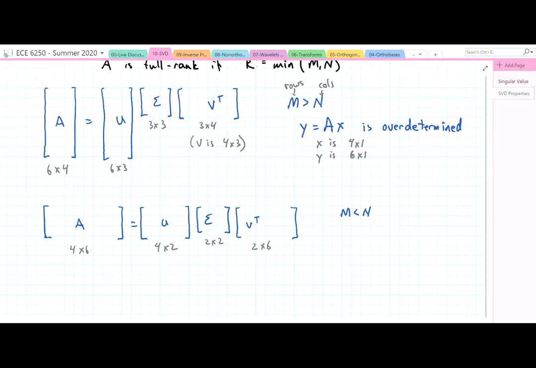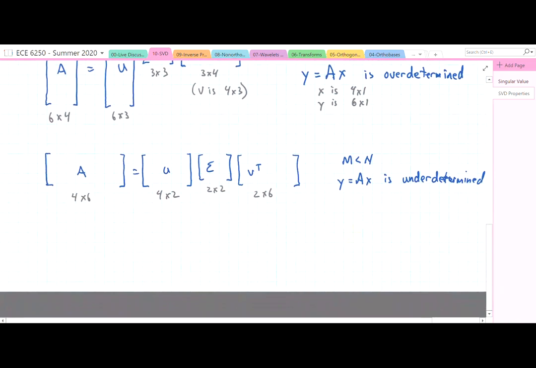So my drawing isn't quite to scale, but that's okay. We just keep going. So in this case, y equals Ax is underdetermined. In other words, we don't have enough observations to fully explain the data.